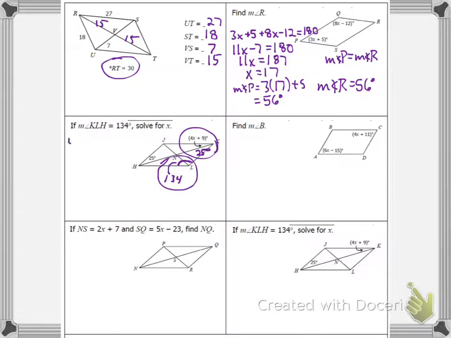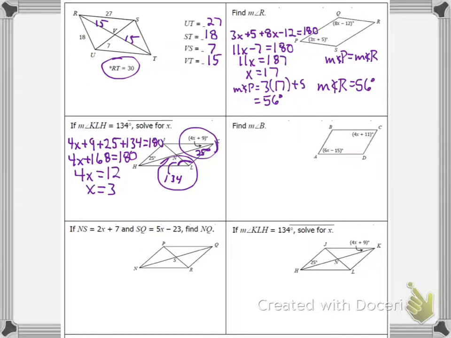So we're going to go 4x plus 9 plus 25 plus 134 equals 180. I'm going to combine all my terms on the left side. I have 134, 25, and 9, which gives me 4x plus 168 equals 180. We get 4x equals 12 and x equals 3.